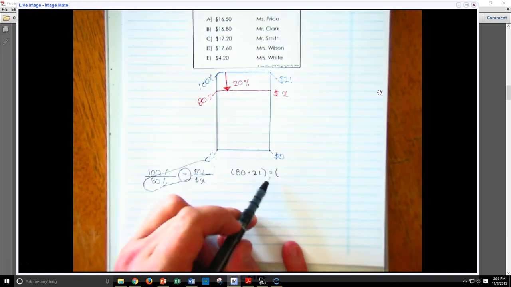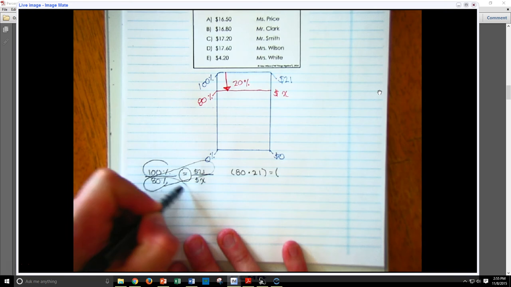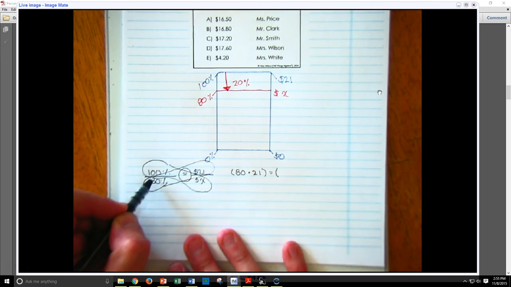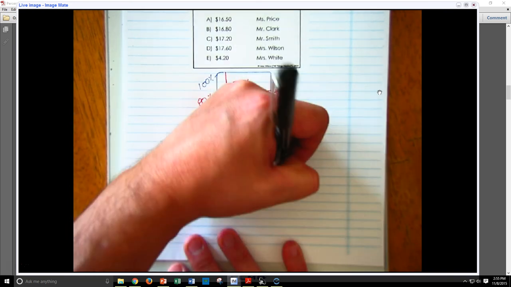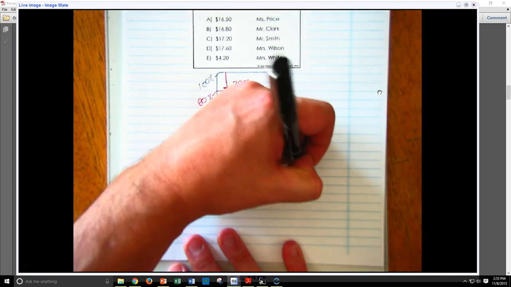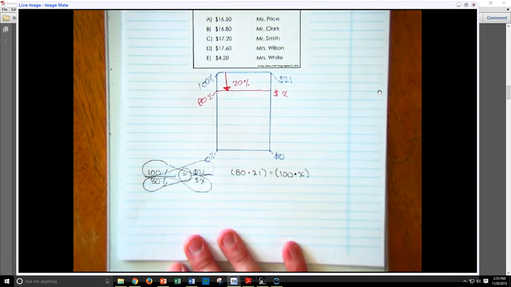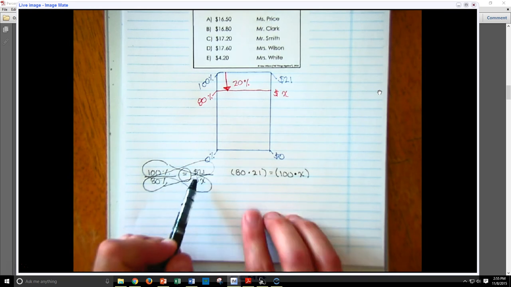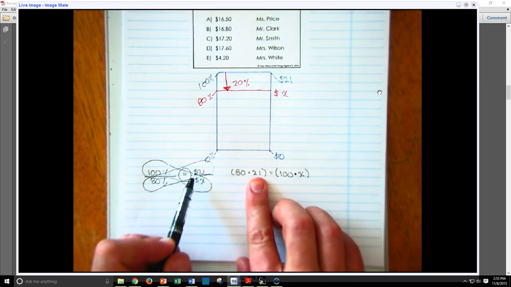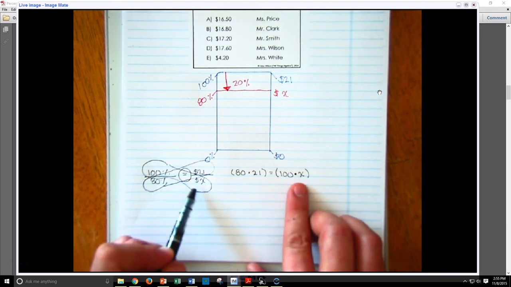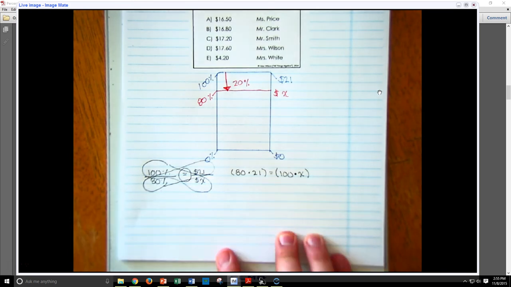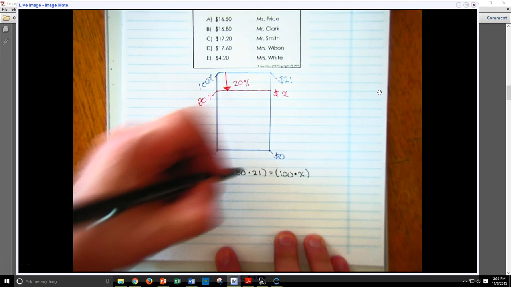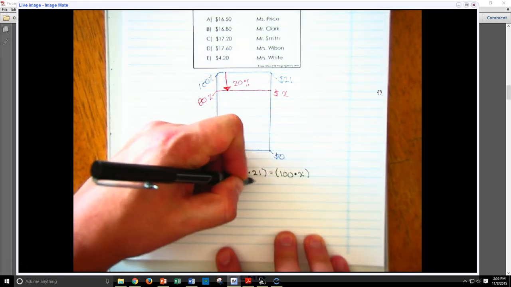I'm going to show it's the other two things that are being cross multiplied, in this case, the 100 times X. So 100 times X. And you can go ahead and see how I wrote my equation now. This times this equals this times this. Now we go ahead and do the math. The only math I can do right now is this 80 times 21.